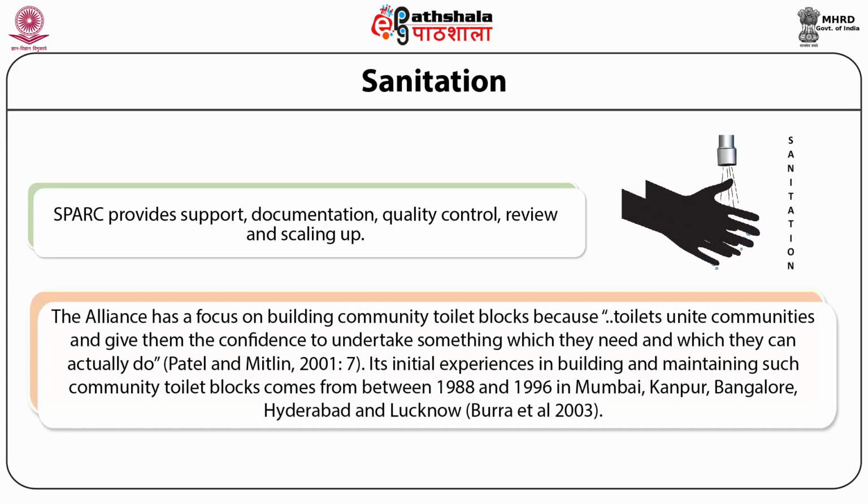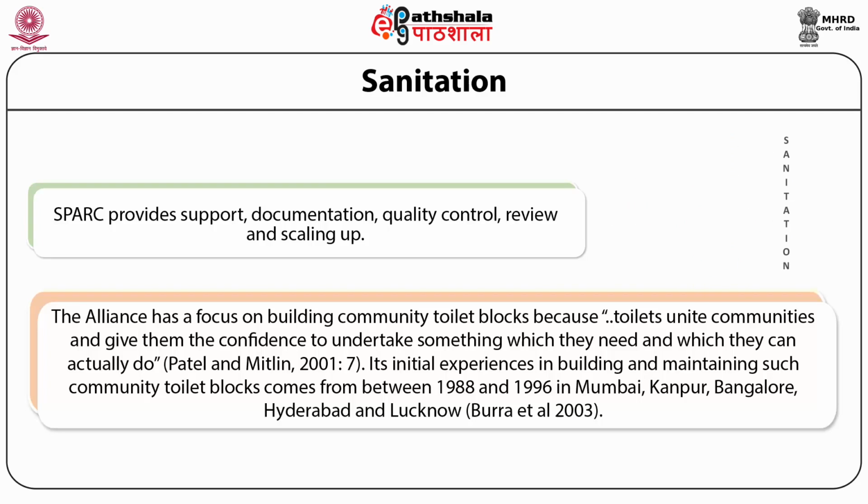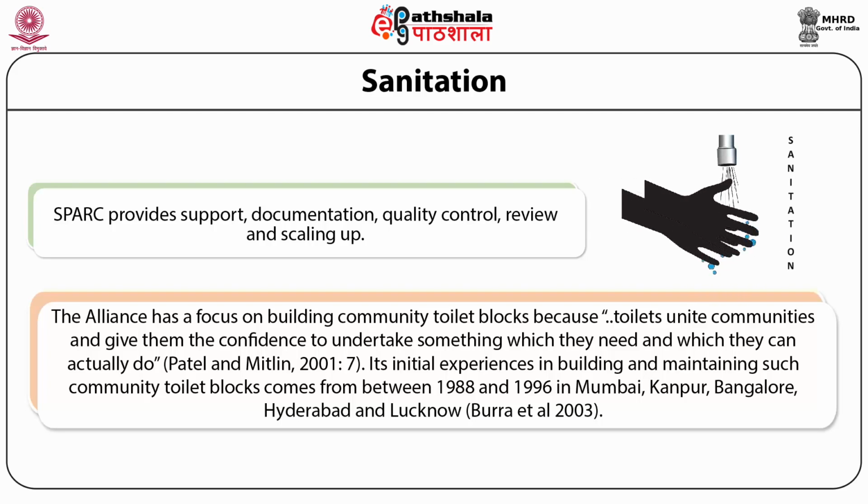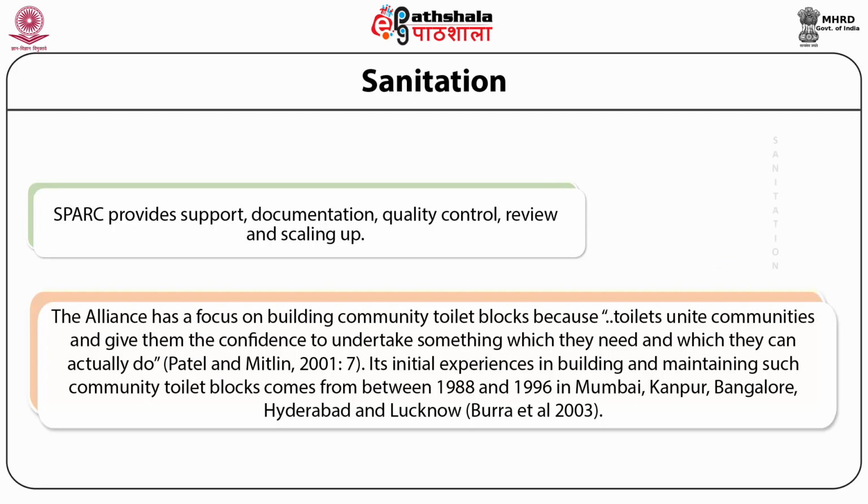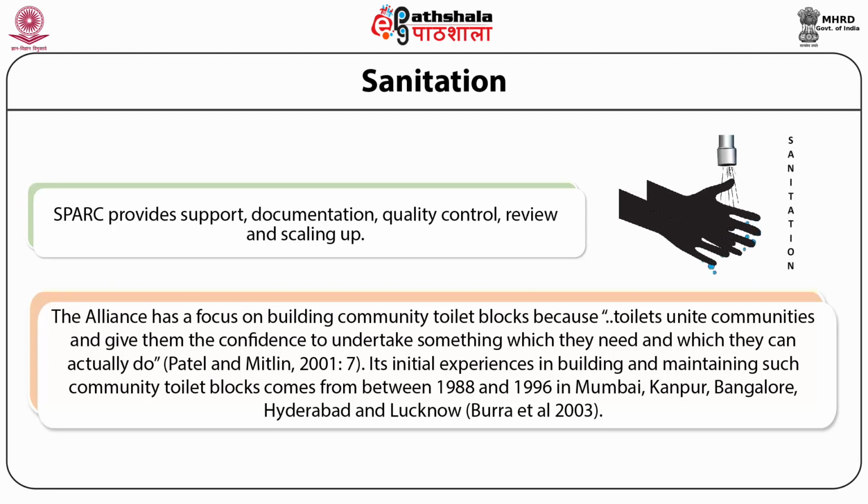The Alliance has a focus on building community toilet blocks because toilets unite communities and give them the confidence to undertake something which they need and which they can actually do. Its initial experiences in building and maintaining such community toilet blocks come from between 1988 and 1996 in Mumbai, Kanpur, Bangalore, Hyderabad, and Lucknow.